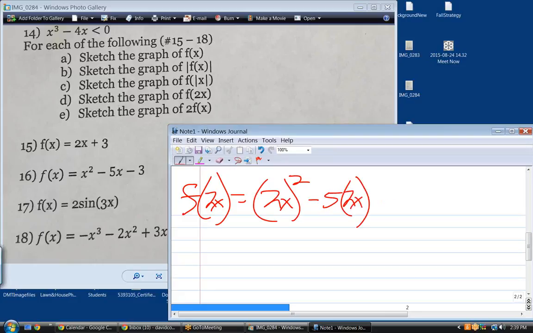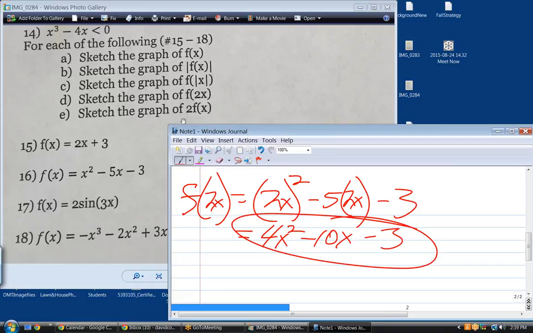I don't mind doing this initial step because it shows exactly what you're doing. You're substituting whatever's inside the parentheses wherever you see x. And then whatever that comes out to be, 4x squared minus 10x minus 3 is the answer.